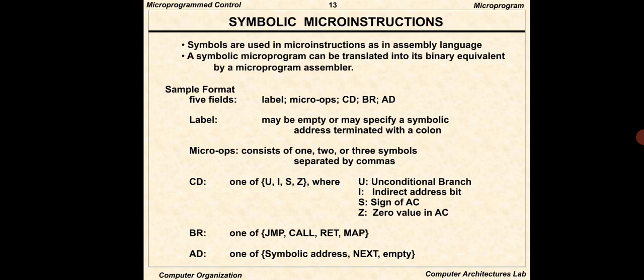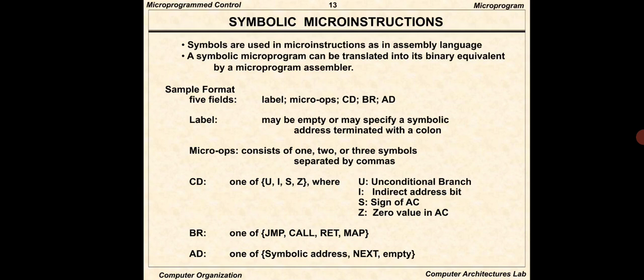Next, the microoperations field consists of 1, 2, or 3 symbols separated by commas. Next is CD, the condition field. In this field, we have 4 conditions: unconditional branch, indirect address bit, sign bit, and zero flag bit.